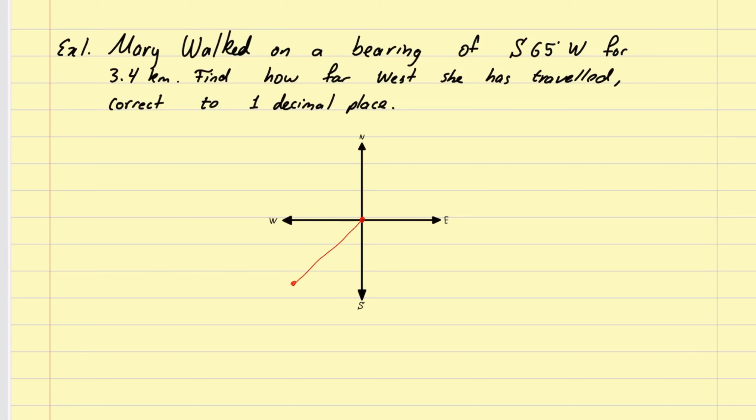So that's where she walked to. So let's analyze the compass bearing a little bit. She's in the direction of south. She's going 65 degrees away from south. So therefore, we know that this angle there has to be 65 degrees. And she's traveling to the west direction. So now I know that that angle right there is going to be 65 degrees.